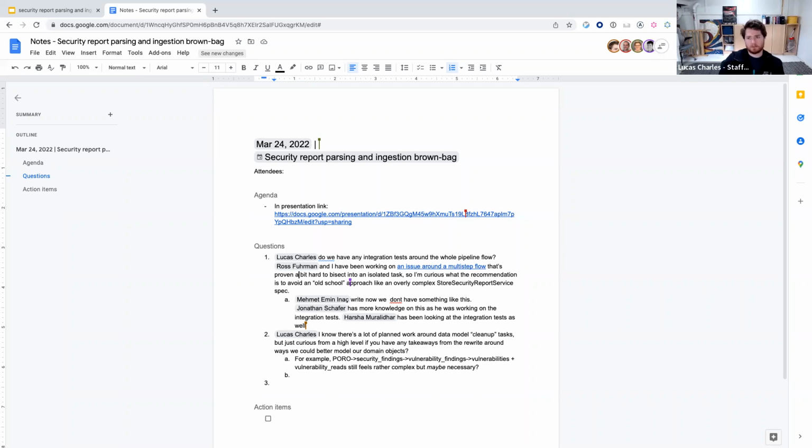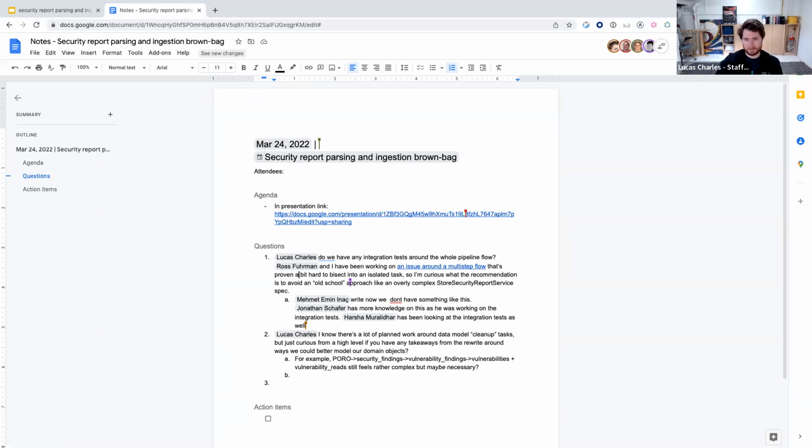Yeah. Not something like I created the pipeline and I see the result on the vulnerability report page, but more like the whole coverage for the ingestion logic. Yeah, I guess I wouldn't call it an end-to-end test.